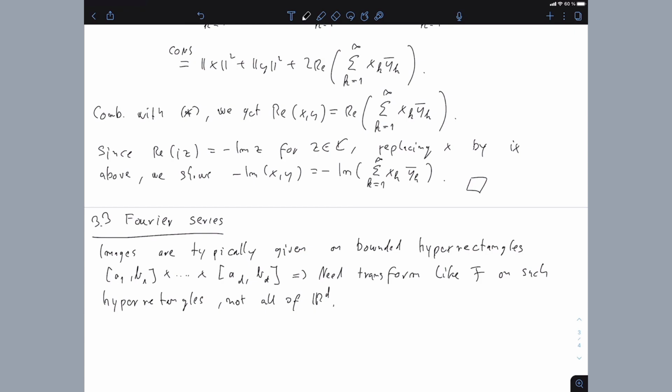Your first idea, of course, could be to simply extend your image with 0, because it would be no problem to extend an image from the hyperrectangle to all of R^d. But then the problem is that the Fourier transform of this extended image lives on all of R^d, and so it covers a much bigger domain than we started with.